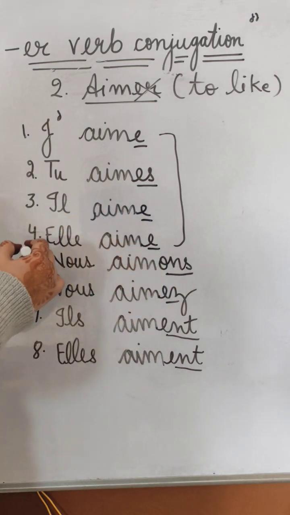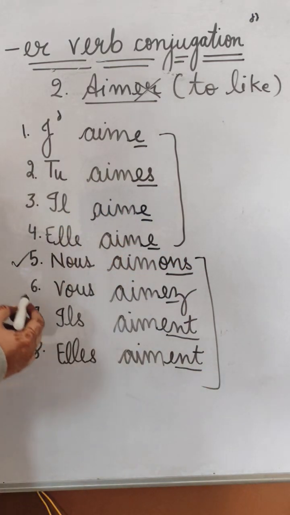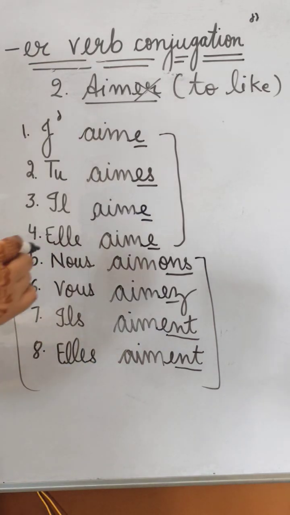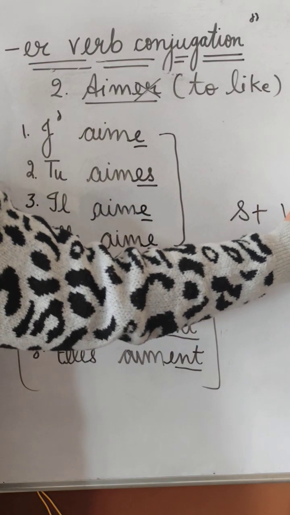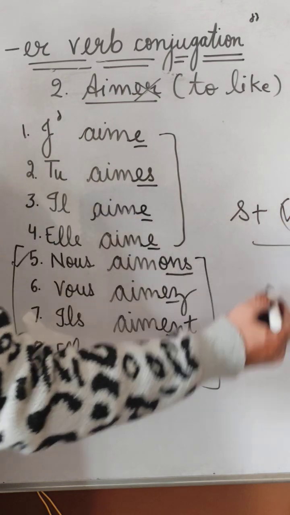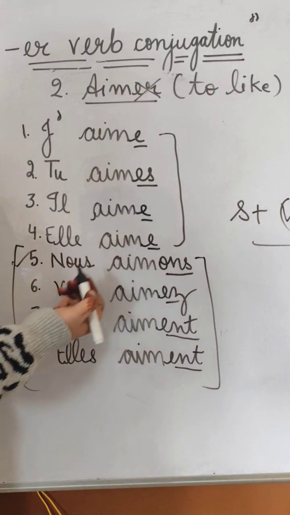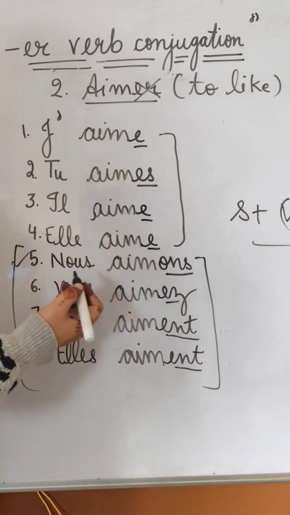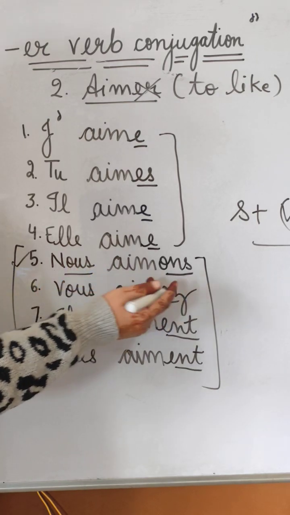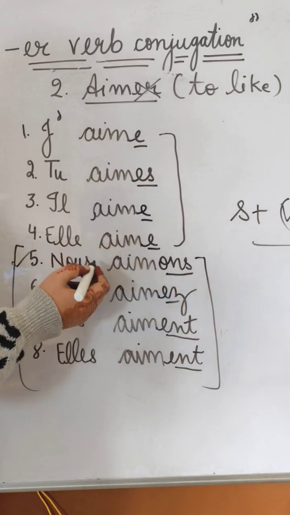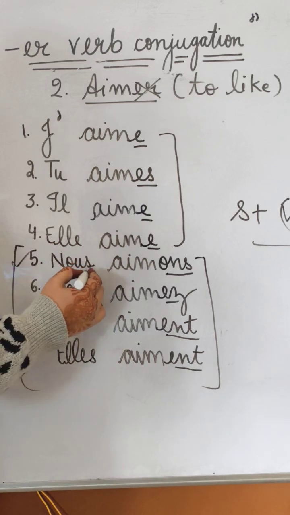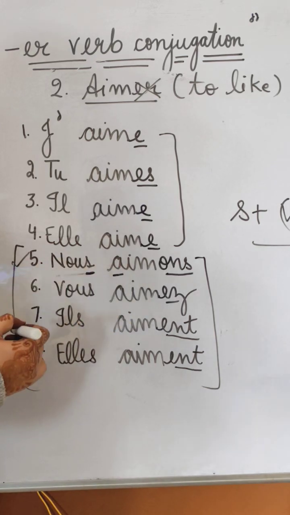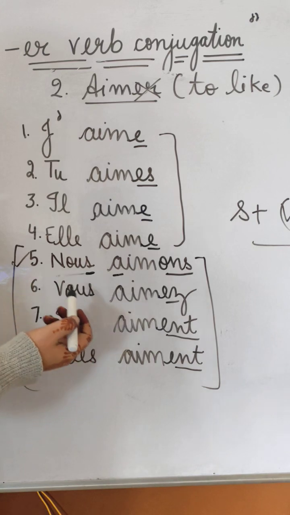Okay, now come here. I have already told you in French, if one word ends with an s and the following one starts with a vowel, then what is the sound? The sound is z. So separately if I pronounce this, this is nous, this is aimons, nous, aimons. But see, nous is ending with s and aimons is starting with a vowel. So the sound is automatically a z sound in French.